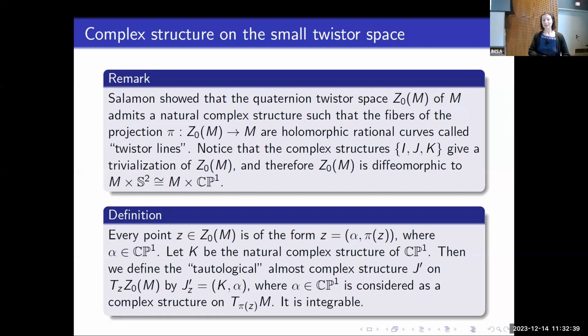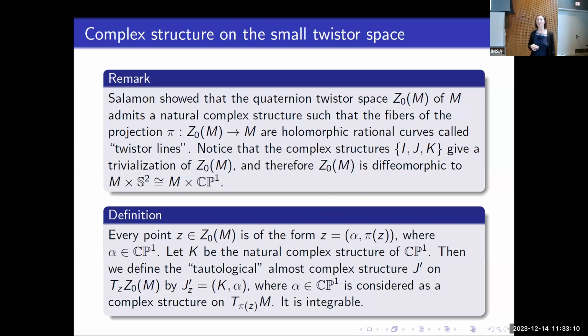So you can define it again as before. You have a splitting into a horizontal and vertical part of the tangent space. And then because the vertical part will be this here S2, which is the same as CP1, you have a natural complex structure there. And on the vertical part, you fix this complex structure.